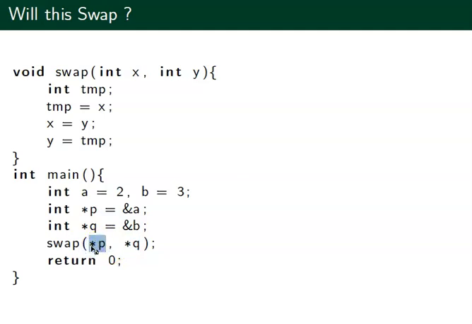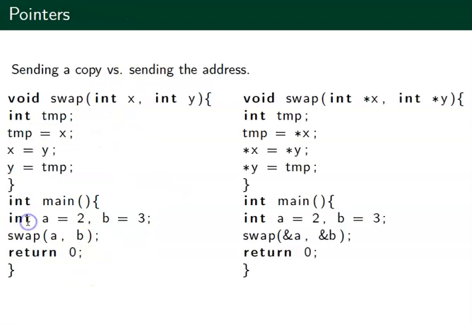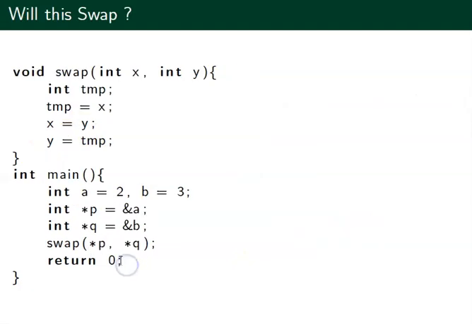Did I choose to send the address? No, I actually chose to send the value. So at the end of the day, this will behave exactly like this one, because you're still sending a copy. You're getting a value and sending a copy of the value. It doesn't matter that you get the value through the pointer. At the end of the day, it is a value.